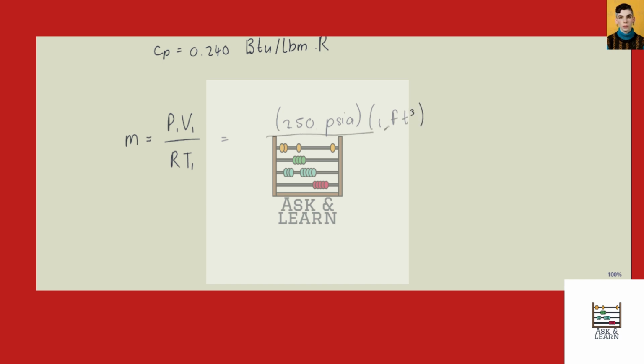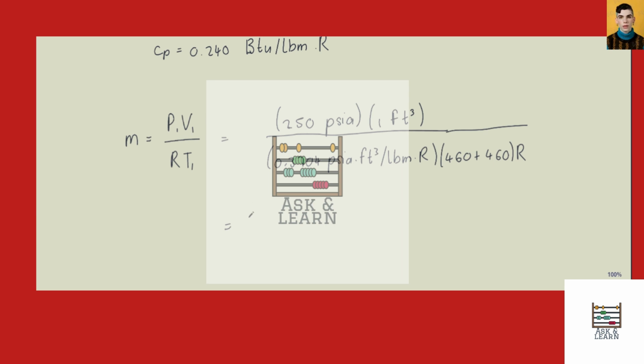This is all divided by the gas constant R, which is 0.3704 psi cubic feet per pound R, multiplied by the temperature T1, which is 460 plus 460 R.